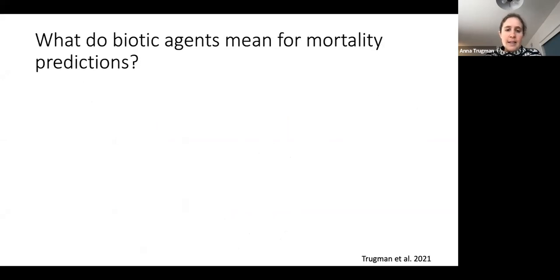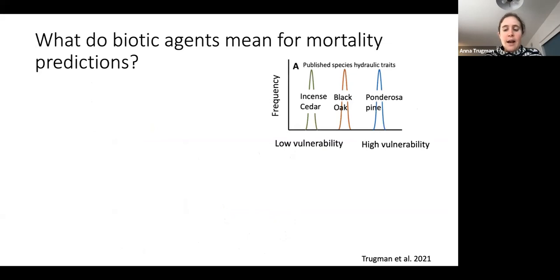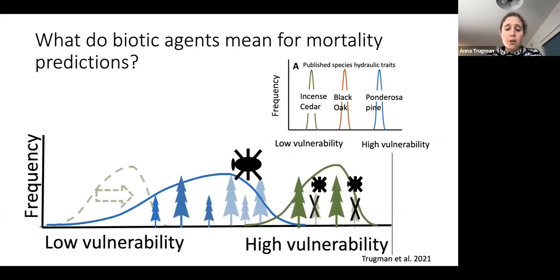So mortality was driven by native bark beetles, and host selection differed strongly by size class, both within and among species. When thinking about biotic agents and mortality predictions, they not only have the potential to elevate mortality levels above what one would expect based on hydraulics alone, but in some cases they can reorder vulnerability of species.